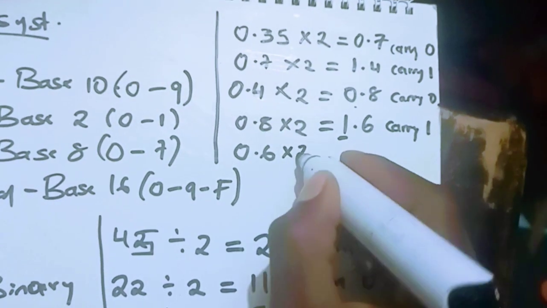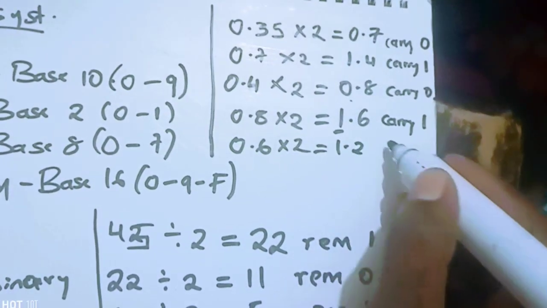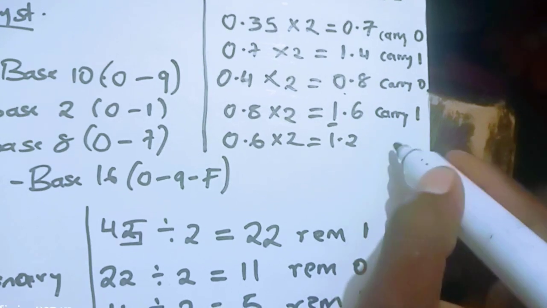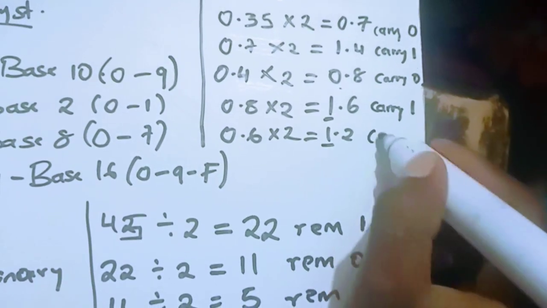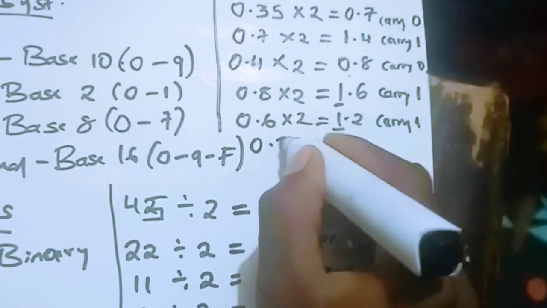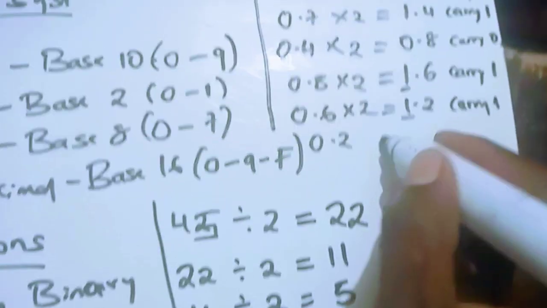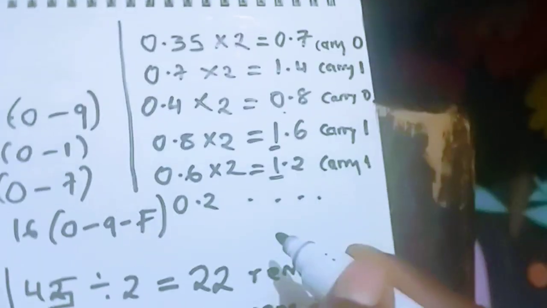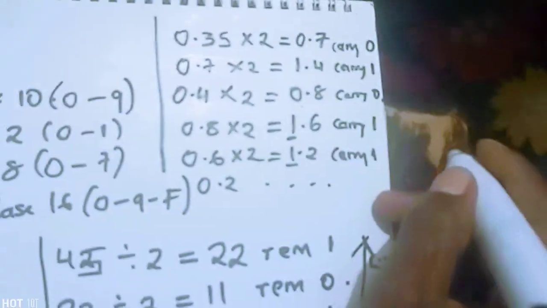When you multiply by 2, you'll get 1.2, so 0.2 with a carry of 1. This process is endless, so you can truncate up to that point.